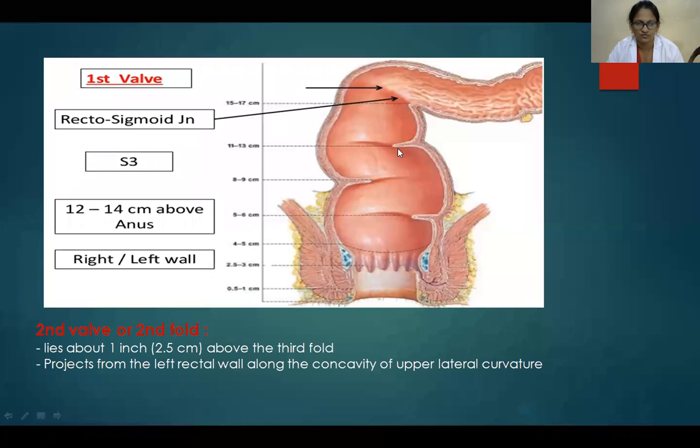It is projected by the left rectal wall along the convexity of the upper lateral curvature, whereas the first valve is formed by the right rectal wall.